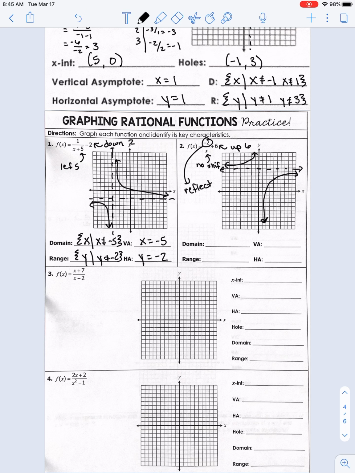My domain, because there's no shift either way, is all x except x cannot equal 0. My horizontal asymptote is at y equals 6, so my range is all y except at that asymptote.